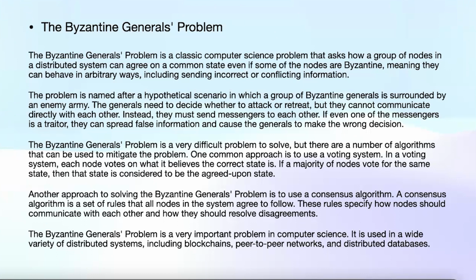In terms of the Byzantine generals problem, if the number of generals saying yes, we have to attack, outnumbers the number of generals saying we have to retreat, then only will the Byzantine general attack.